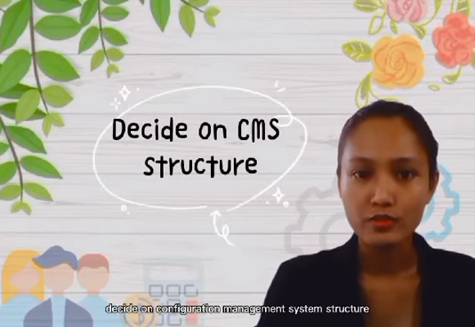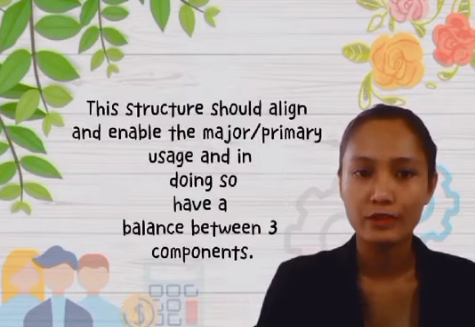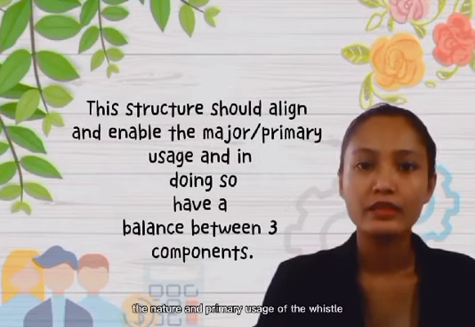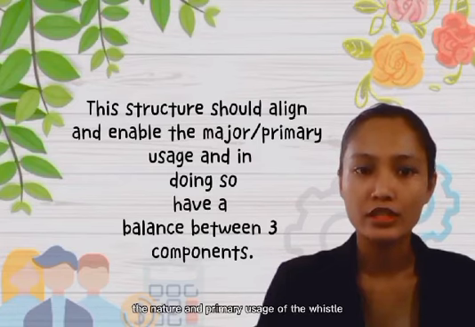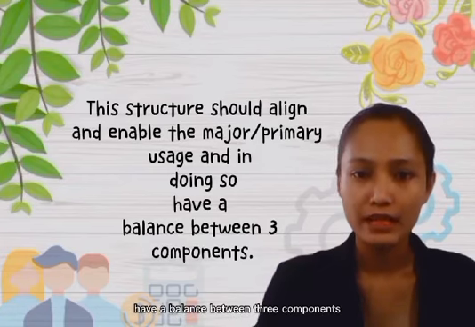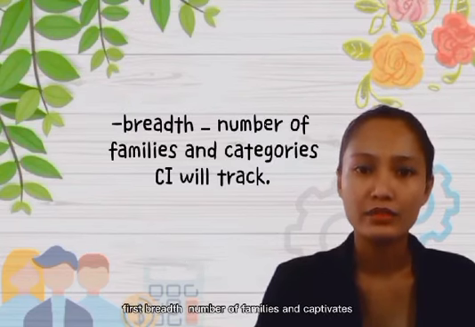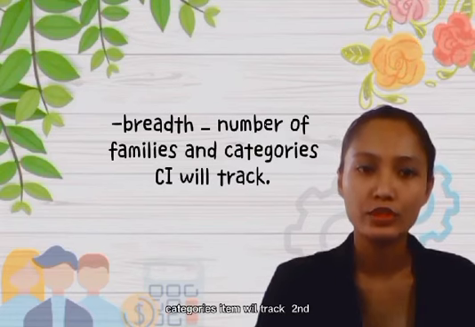Number 8. Decide on configuration management system structure. This structure should align and enable the major and primary usage, and in doing so, have a balance between 3 components. First, breadth, number of families and categories configuration items will track.